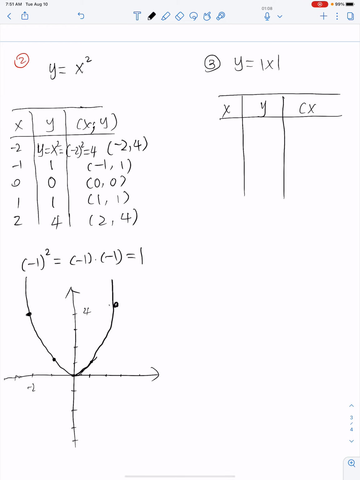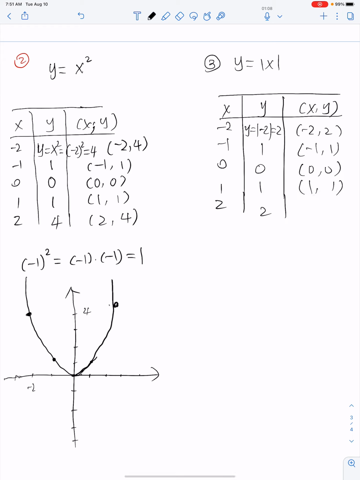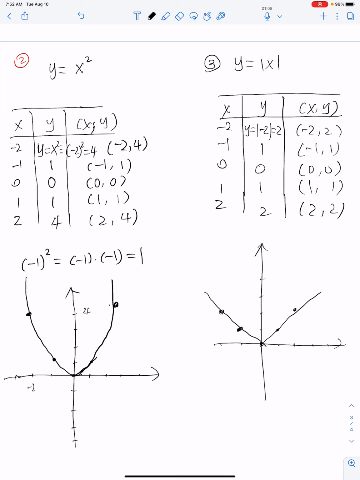I will write the answer here, but I will keep silent. So this is the famous victory function.